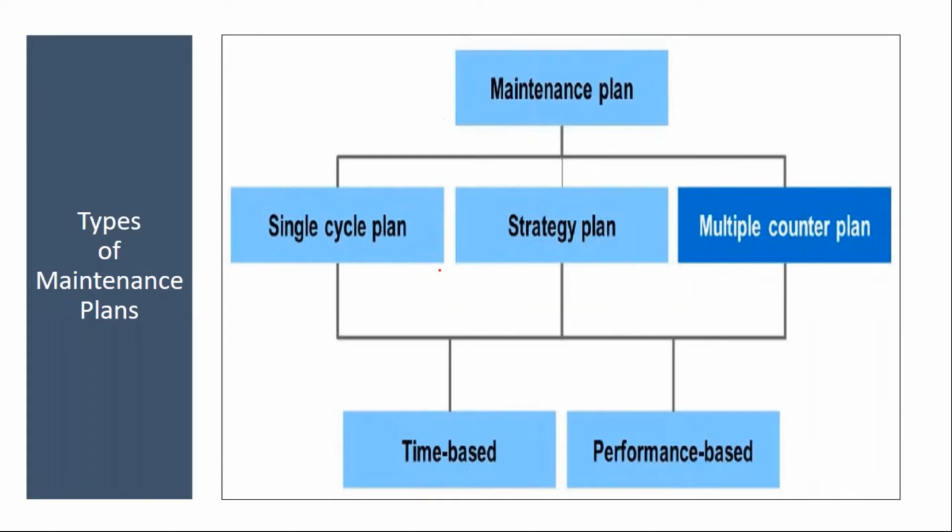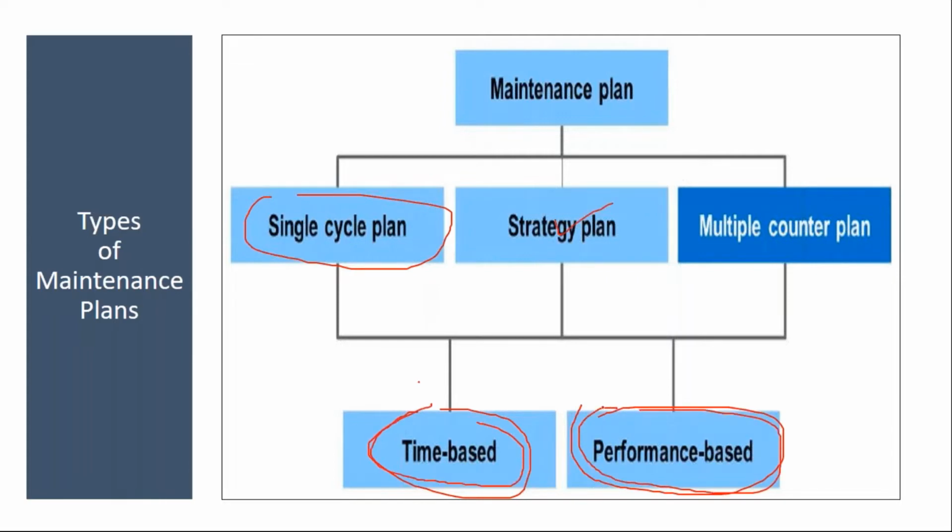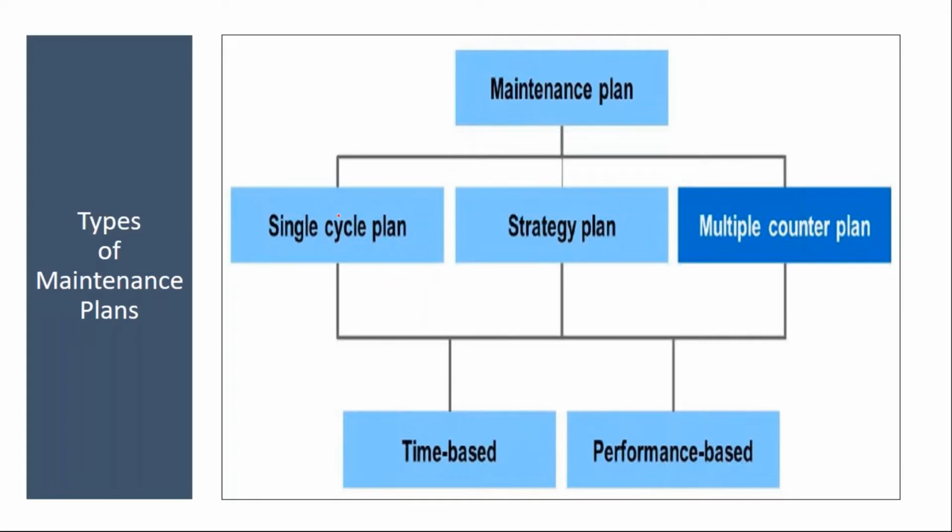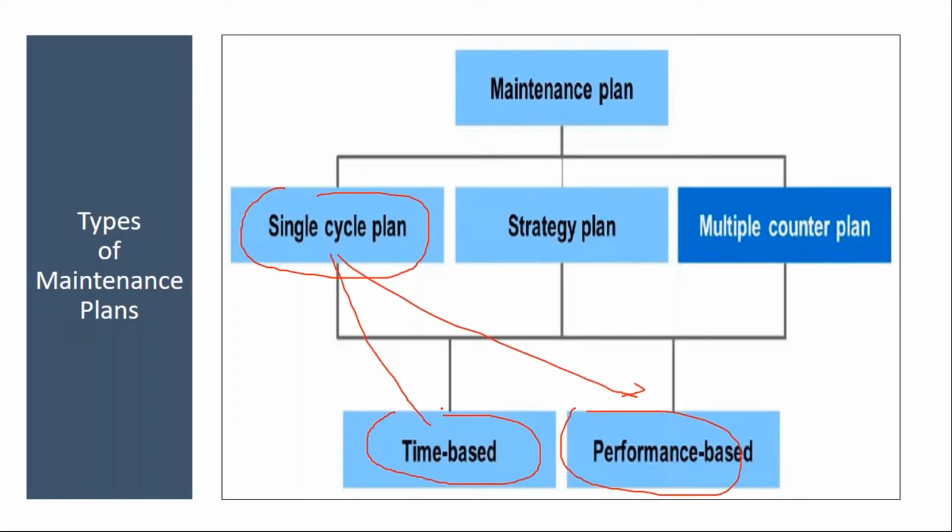And again, in each plan, normally in the single cycle plan, you have time based and performance based. Same case in the strategy plan also, you have time based and performance based, counter based. So today we will be covering in the single cycle plan, time based and performance based. We will be covering these two today.